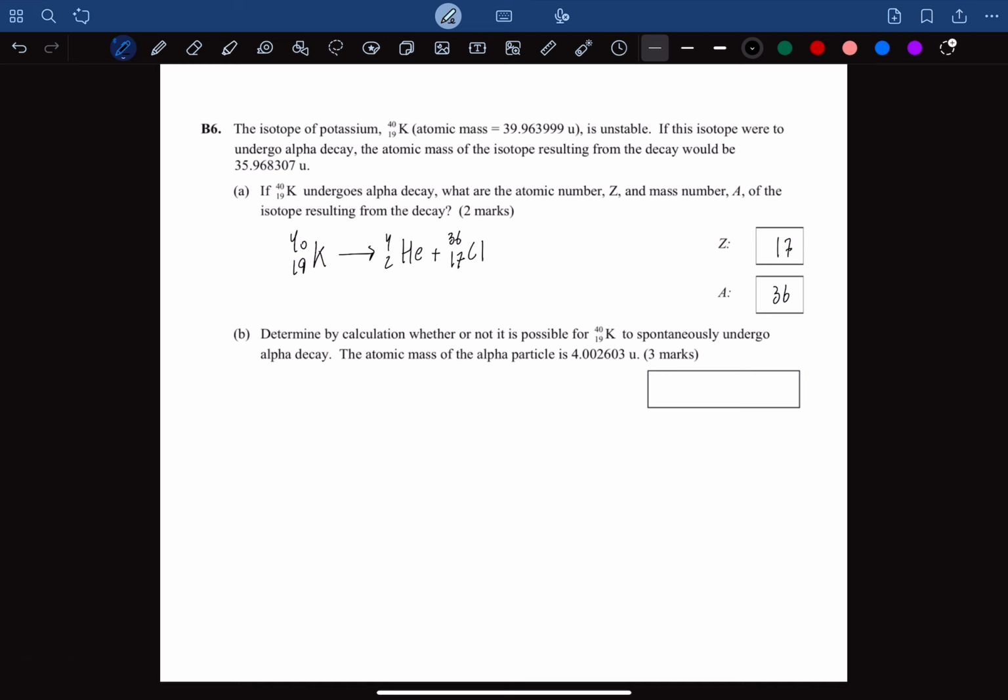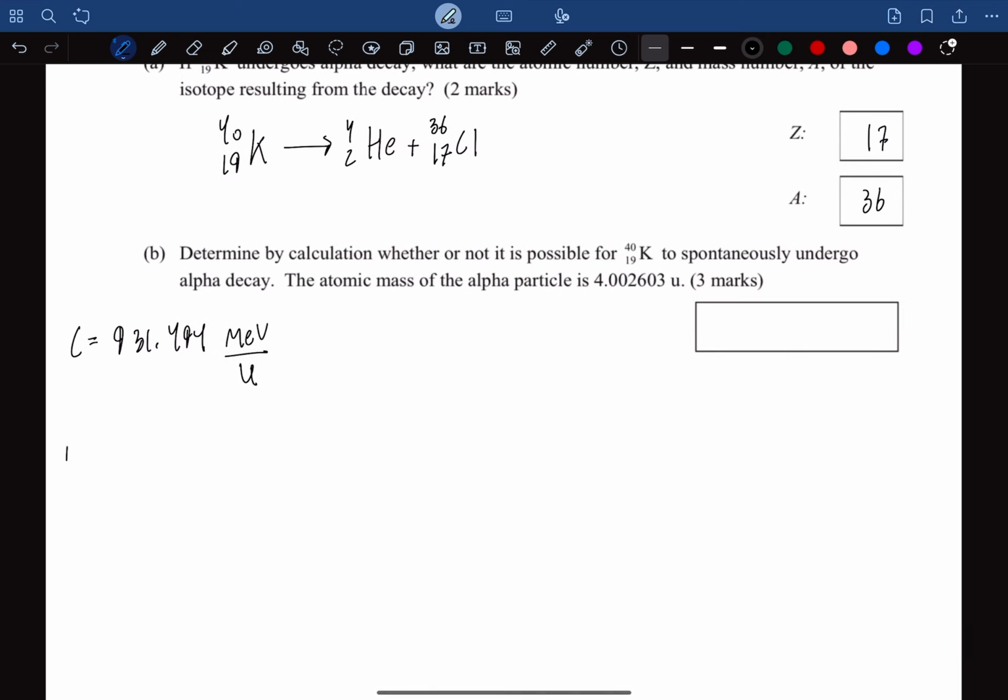Before I start, I should use some of the constants. First off, C is actually the speed of light, and in this equation we can use C squared as 931.494 mega electron volts per U, because U is a mass number. It's not conventionally the way to write it, but it's easiest for this question.